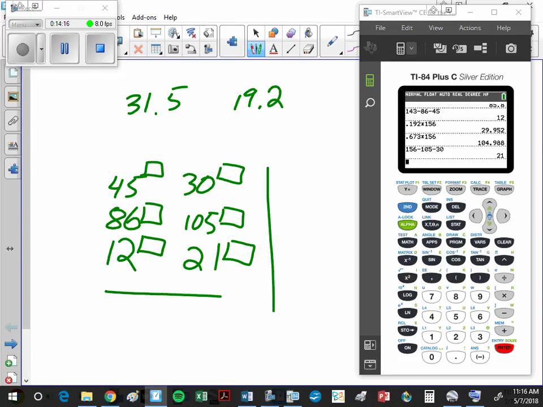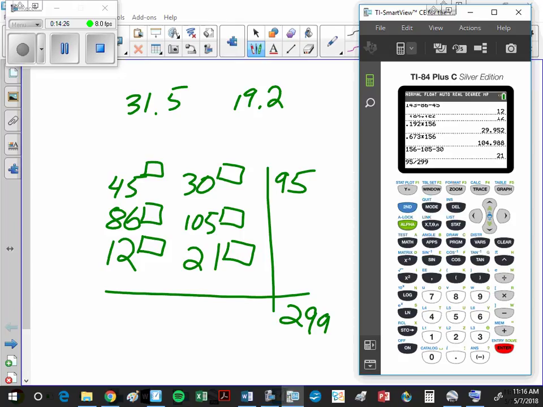I'm going to do the totals, and I know that this number is 299. So 45 and 30 is 75. So 75 divided by 299. 75 divided by 299 is, oh my goodness. 75 divided by 299 is 25%.